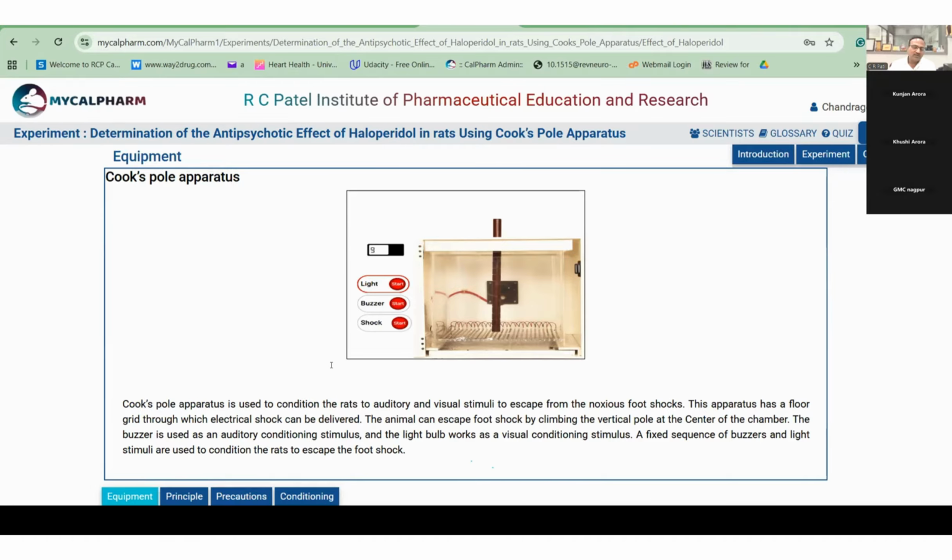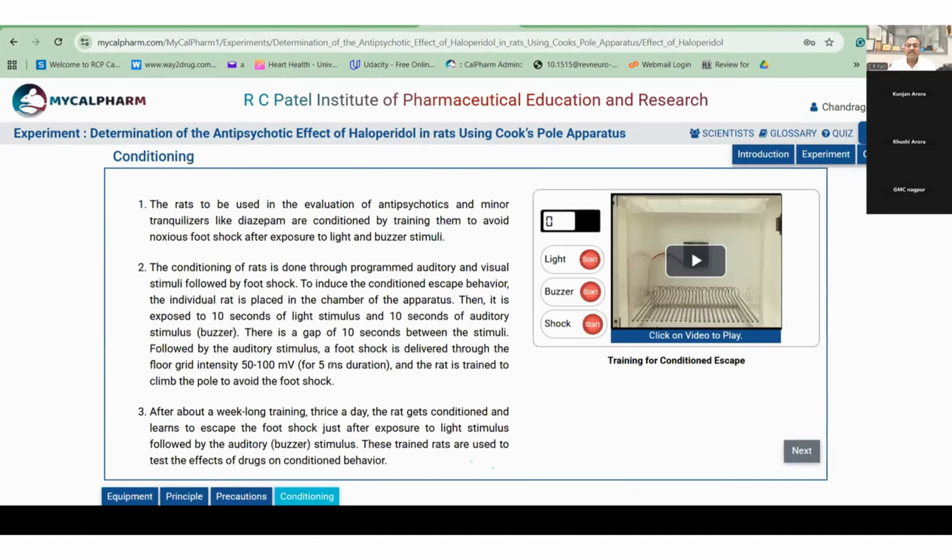Here, to demonstrate what is meant by conditioning and how light, buzzer, and shock are used to condition the animals, we have very nicely tried to make it very interactive.